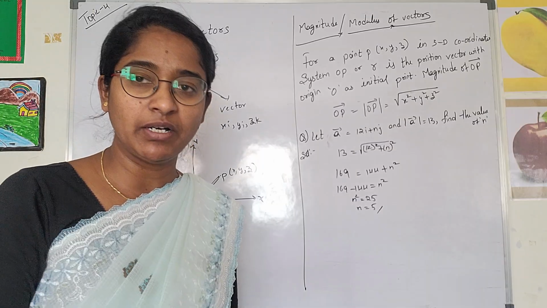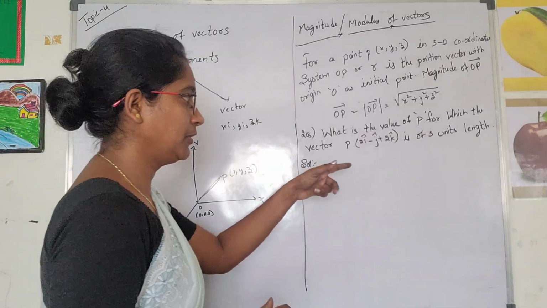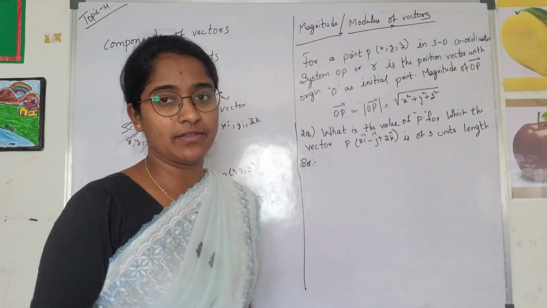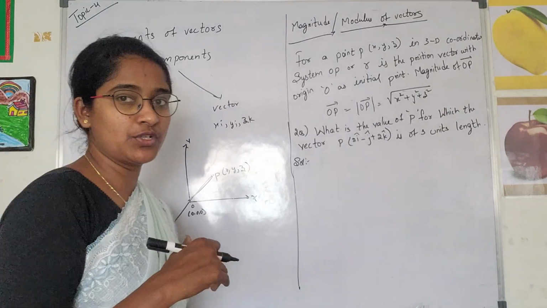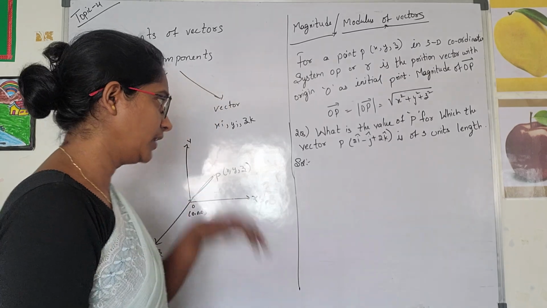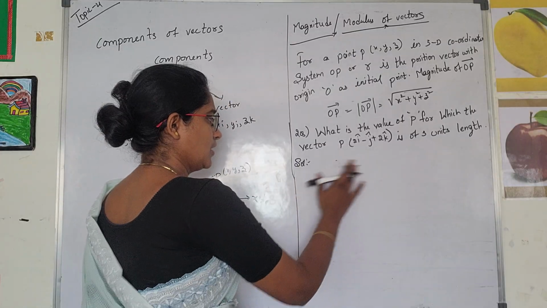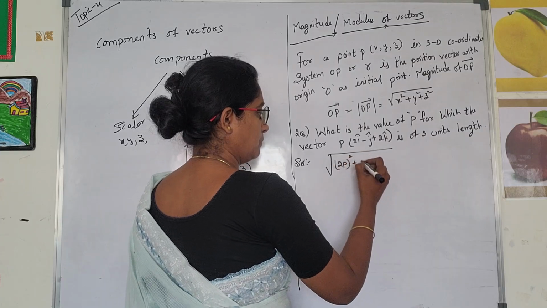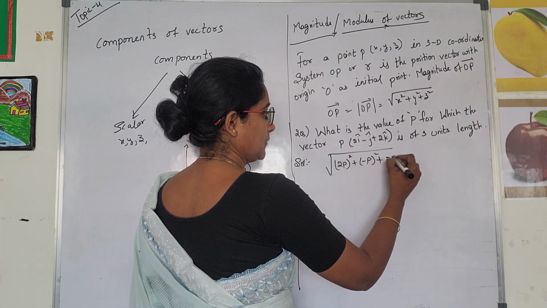I guess we got some idea about magnitude, and we'll do another problem. Find the value of p for which the vector is 3 units in length. So the magnitude is 3, and we apply that here. 3 is equal to the square root of 2p square plus minus p square plus 2p square.